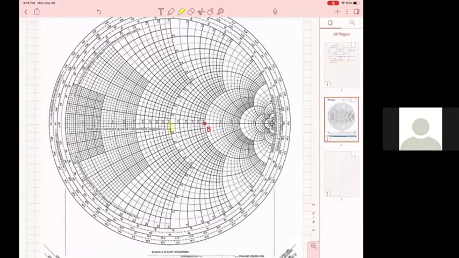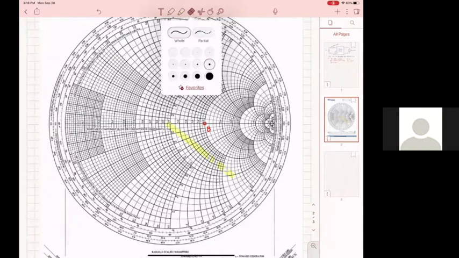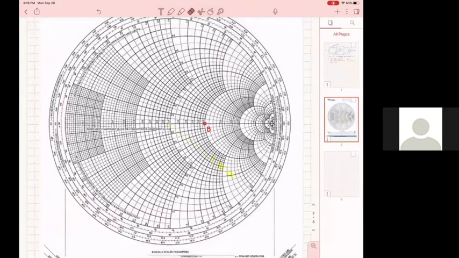So 1. We move from 1 until we see 2.4. Okay, so 2.4 is going to be here.